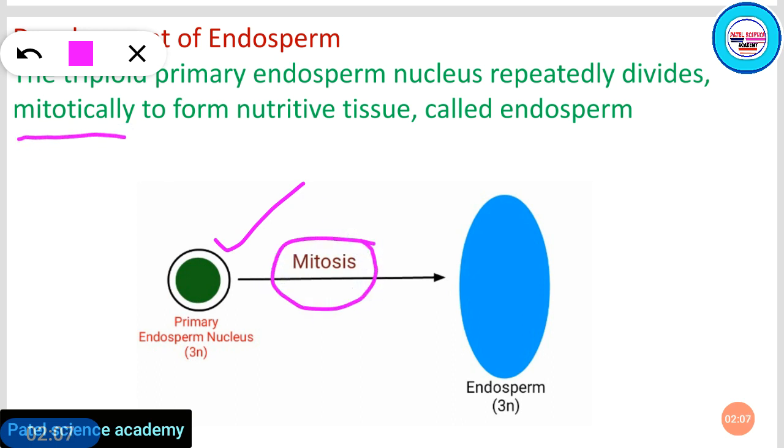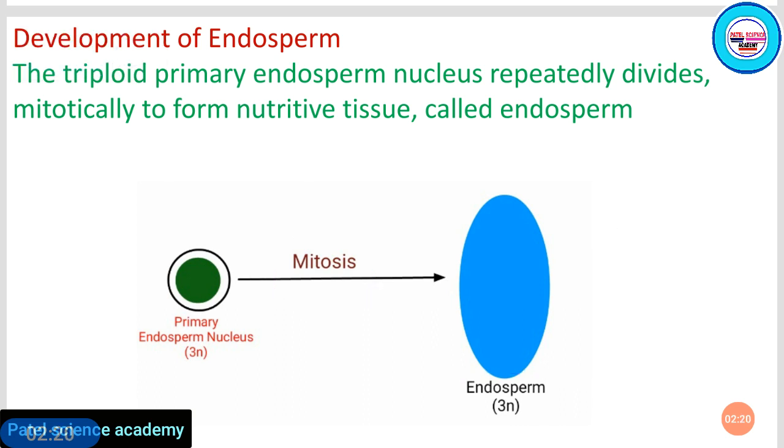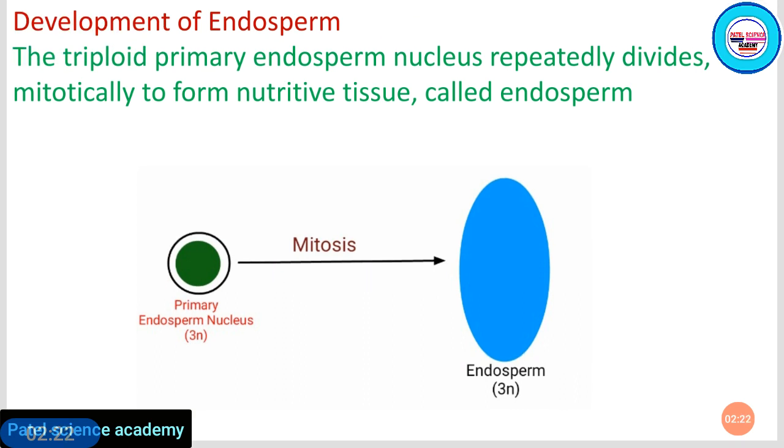By this mitotic cell division, it undergoes so many cell divisions, and finally it forms a structure called the endosperm. So in this lecture you are going to know about the development of this endosperm.